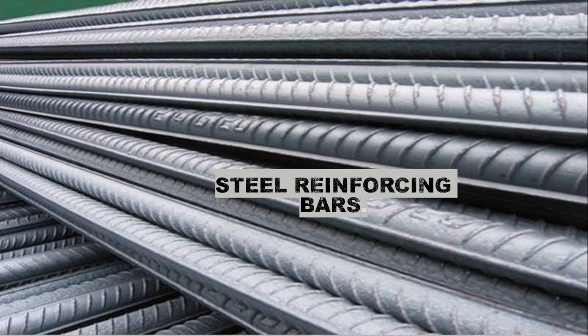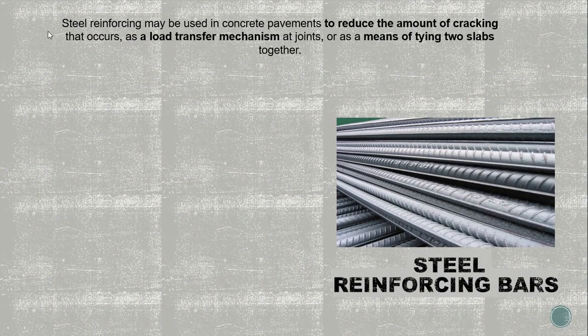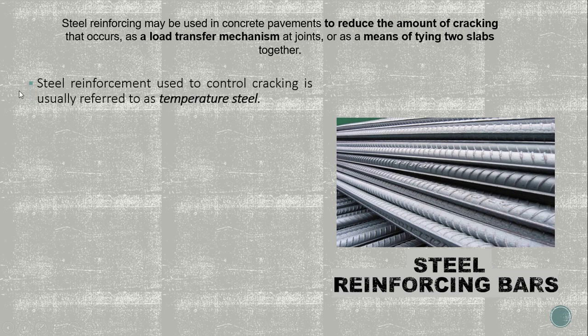The last material, which is optional, is the steel reinforcing bars. Steel reinforcing bars may be used in concrete pavements, first, to reduce the amount of cracking that occurs, second, as a load transfer mechanism at joints, and third, as a means of tying two slabs together. First, steel reinforcement used to control cracking is usually referred to as temperature steel.